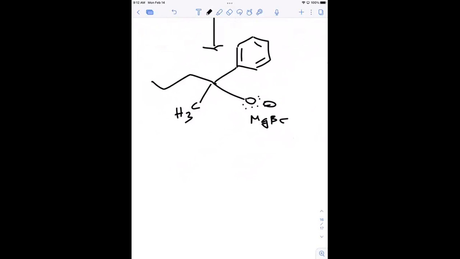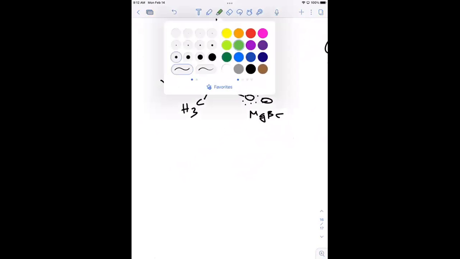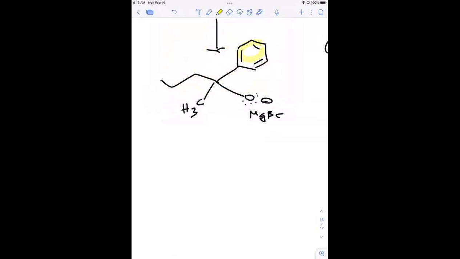All right. So if we started with the aromatic ring, and we're going to make this into our Grignard, what do we need to do from this point right here?